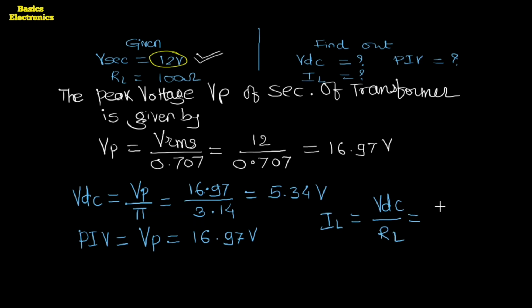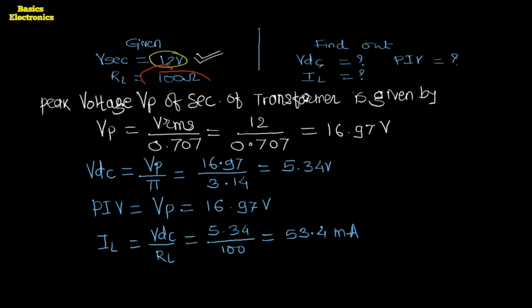So VDC is how much? 5.34 divided by RL. RL is given, and the value of this RL is equal to 100. So 5.34 divided by 100, it is equal to how much? It is equal to 53.4 milliamperes.